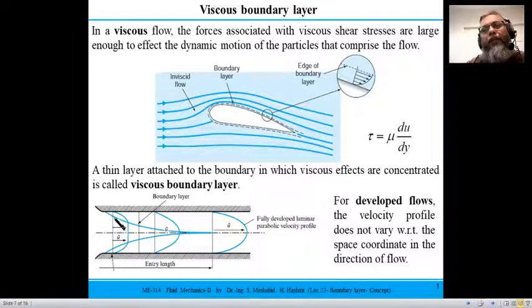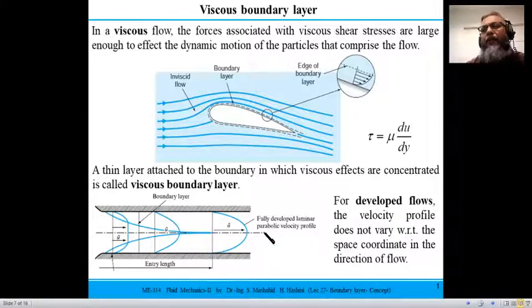What you see here is that initially it is a uniform flow, but due to the viscous effects, a boundary layer starts to develop on both sides of the wall. The two boundary layers meet at some point and merge together, and the length of the pipe over which these two boundary layers join together is called the entry length.